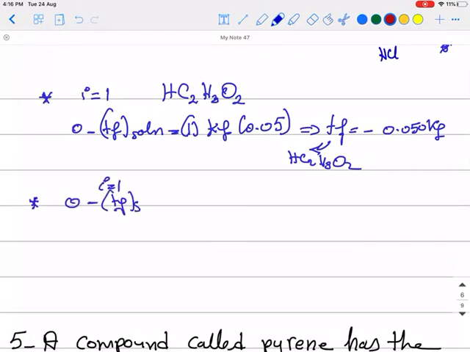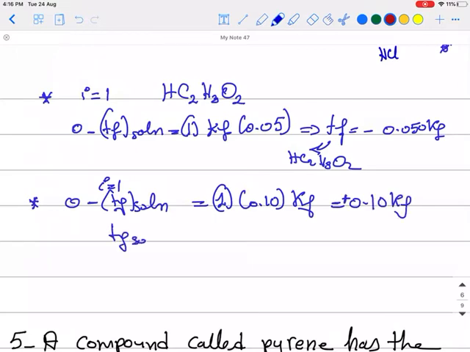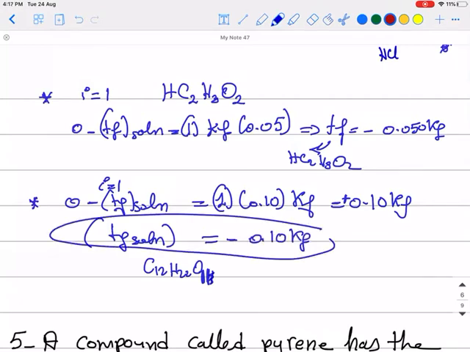So 0 minus Tf of the solution equals 1 times 0.10 times Kf, which means Tf of the solution for the sucrose C12H22O11 equals minus 0.10 Kf.